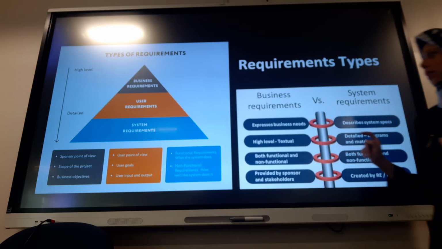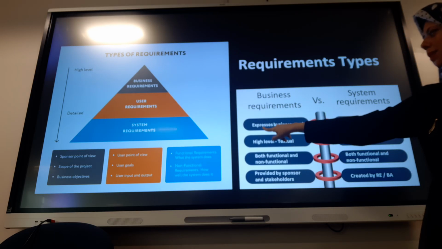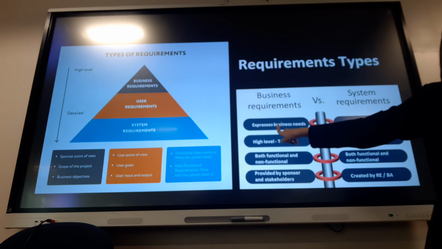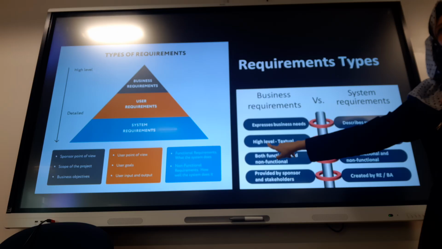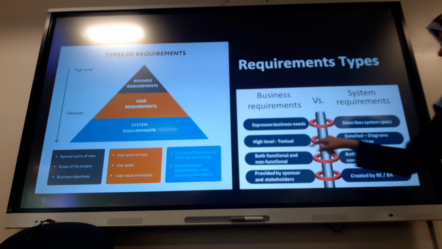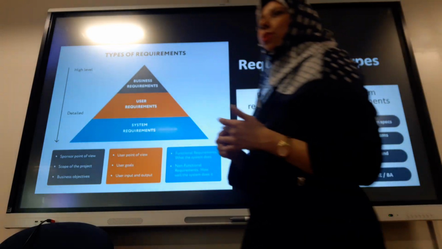Comparing these two together, business requirements simply express the business needs. On the other side, this one lists all specifications of your system. This one is considered high level, usually written in text. On the other side, this one is usually detailed, and you can provide matrices or diagrams to elaborate on it.